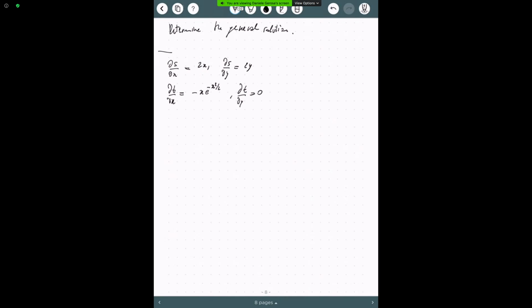So you can actually rewrite this one that I call star. We rewrite star using the chain rule.